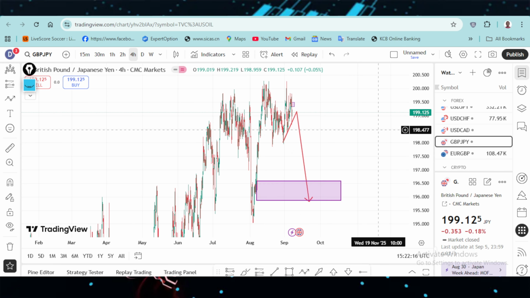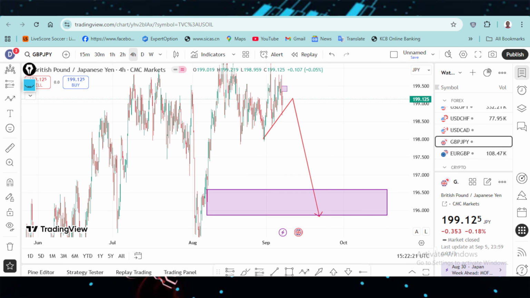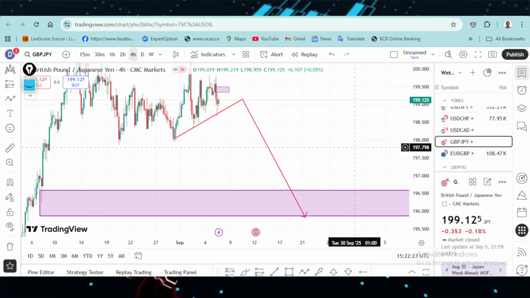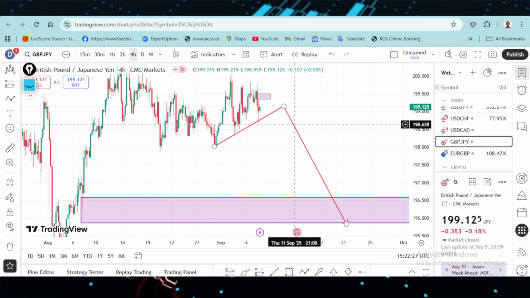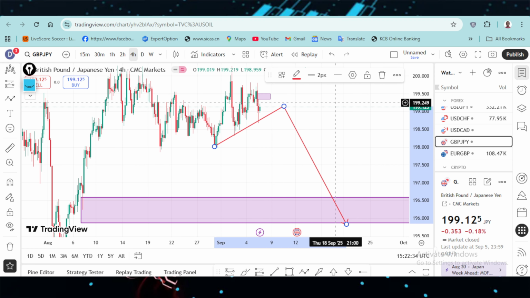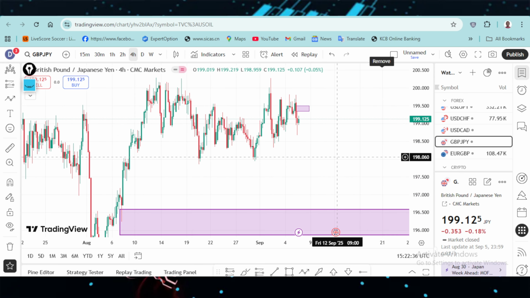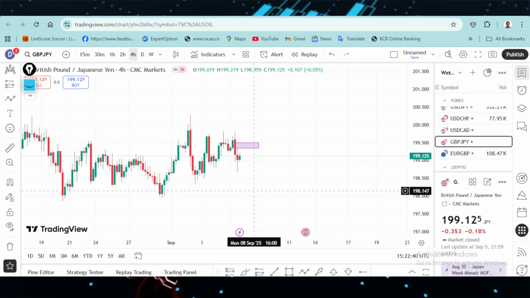Pound JPY. This is one of the trades of the week that we had last week, and we said it would move to the upside, then drop. The market went up, and now it's preparing itself for another drop. Then what is next? The market has to come back.